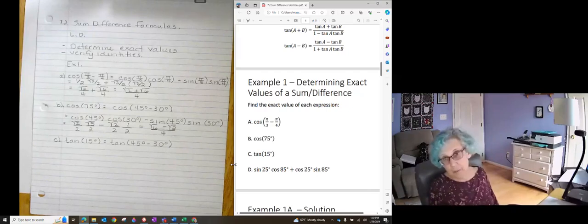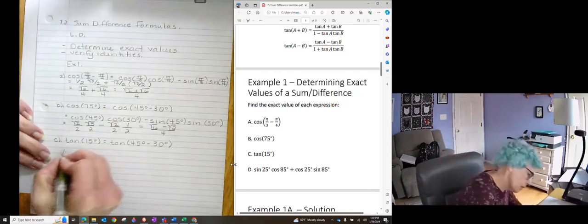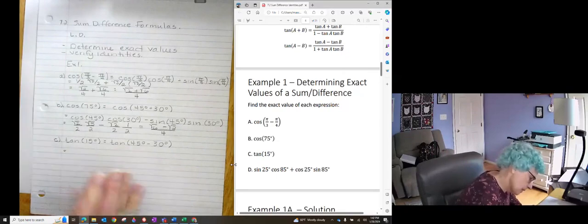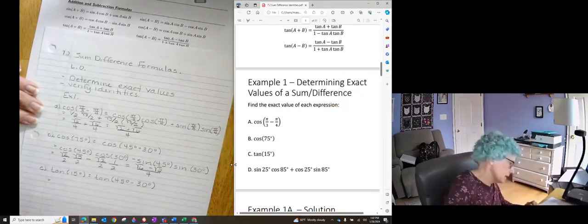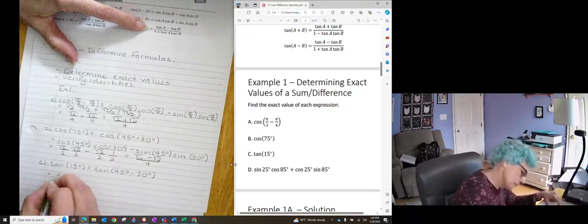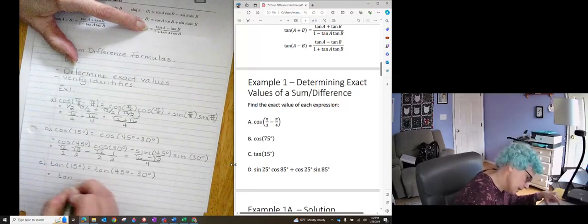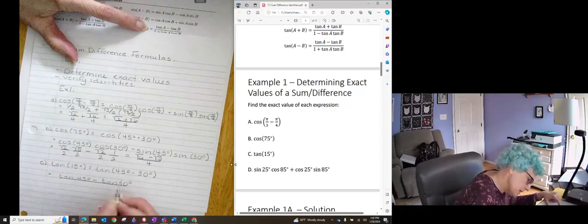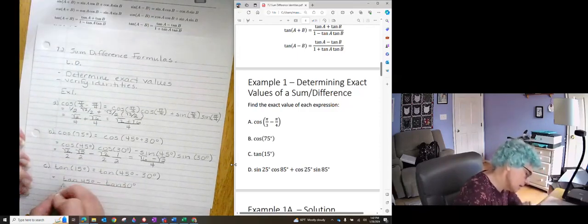So 45 minus 30 gives me the 15 that I want. So tangent, and it's a minus, so it's equal to the tangent of 45 minus the tangent of 30, divided by 1 plus the product.